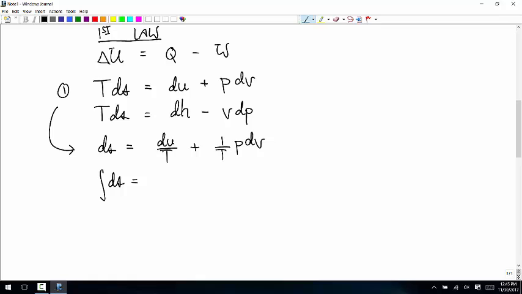We can pull the temperature out of the integral. So 1 to 2, 1 to 2, 1 to 2, PDV.